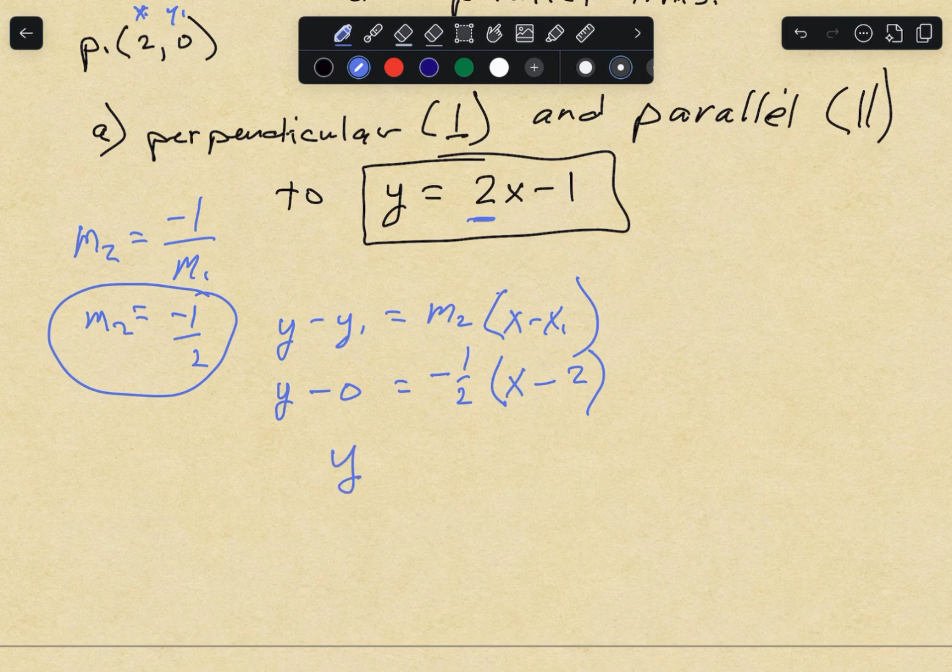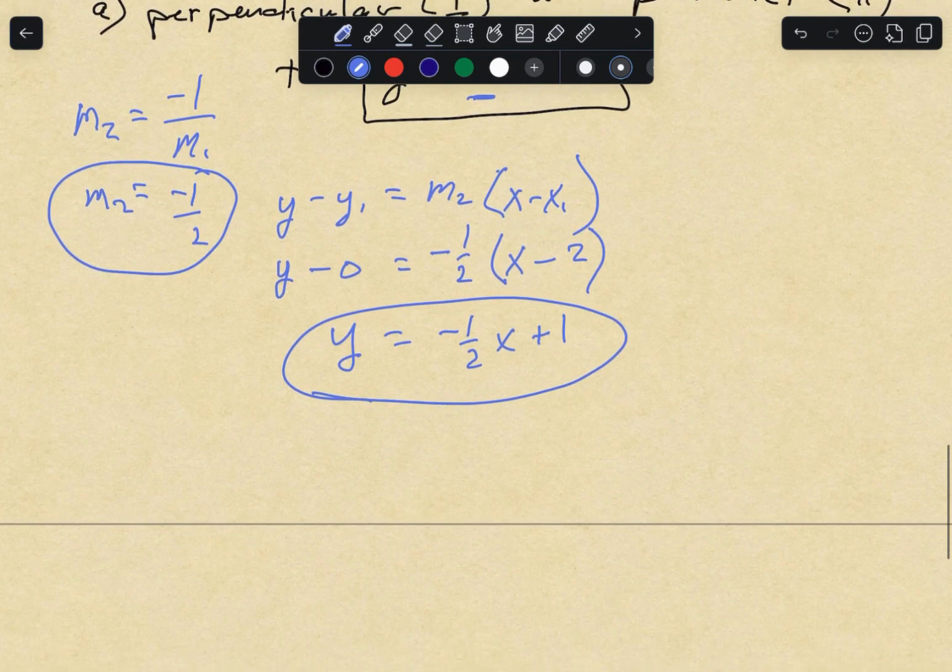So this is y equals, and now we're doing the distributive property of all this, and this becomes negative 1/2 x, and a negative 1/2 times a negative 2 is a plus 1. And this is the perpendicular line of this line here.